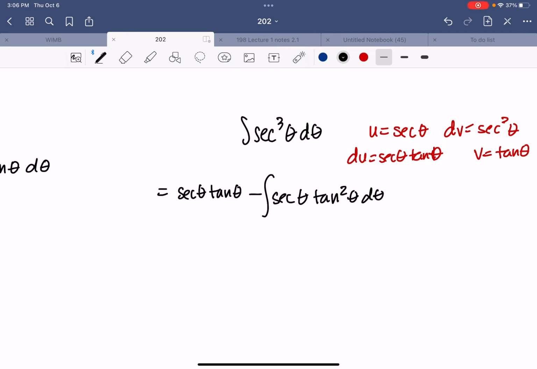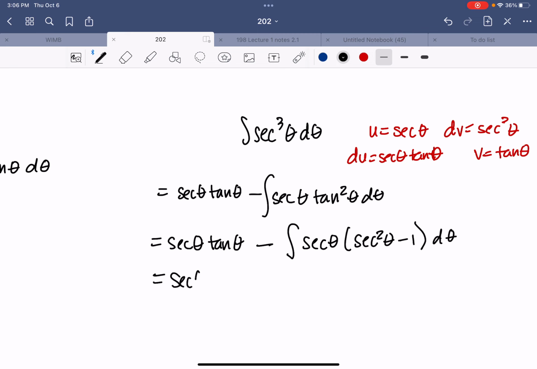Now we're going to substitute in for the tangent squared. And we get secant theta tangent theta minus the integral of secant cubed theta d theta, plus the integral of secant theta d theta.